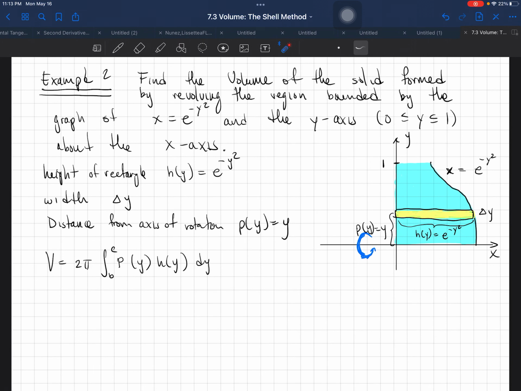And then we need to figure out the distance of our reference rectangle to the axis of rotation. Well, where is the axis of rotation? Right here. So how far is this reference rectangle? Well, it happens to be that there's no hole right here. They're attached, right?